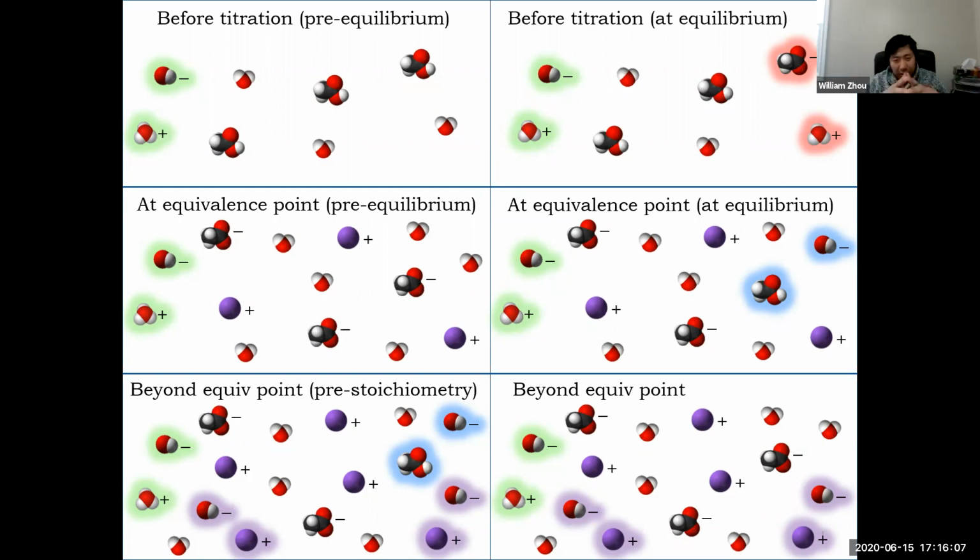And for this reason, the equivalence point of this titration is not a pH of 7. Okay, last time, strong acid, strong base, the pH of the equivalence point is 7. But if you have a weak acid and a strong base, the pH of the equivalence point is actually basic because you are producing hydroxide ions from that equilibrium.